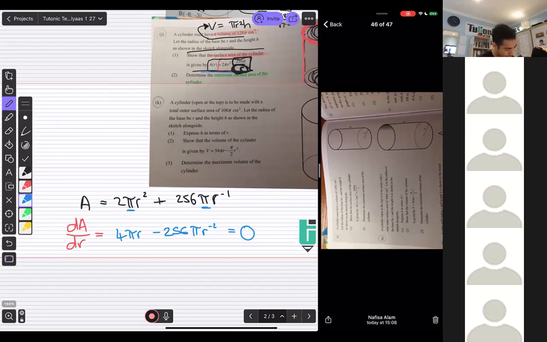So let's solve this now. So this r to the minus 2 can be in the denominator and be r squared. So what can we do? Can't you multiply out by r squared and then you get a linear equation, you sort of get one line, right?